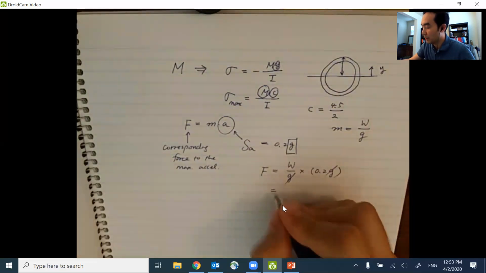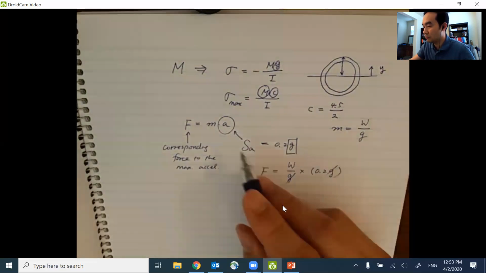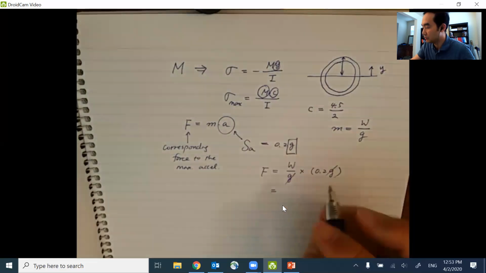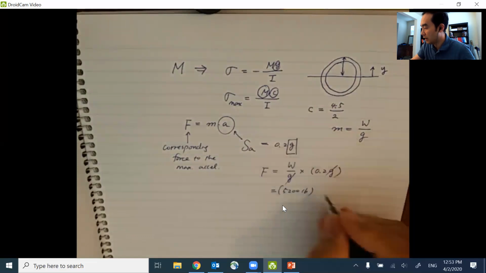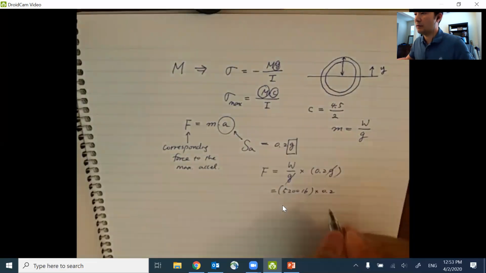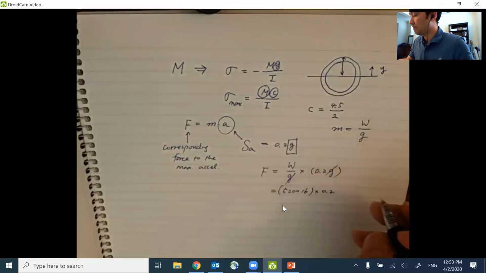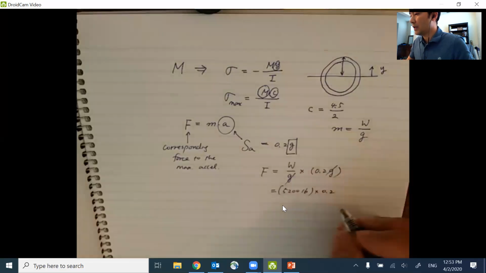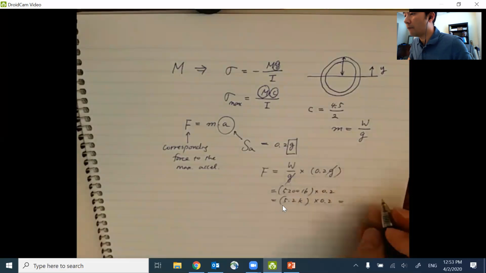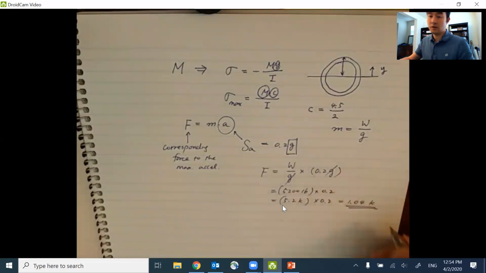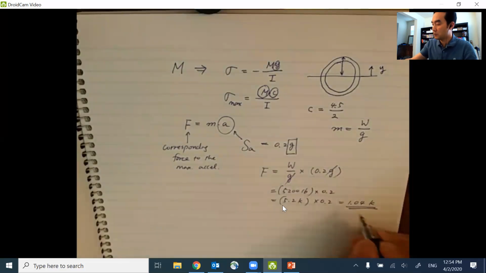So the corresponding maximum force due to the spectral acceleration is equal to 5,200 pounds, which is the weight, times 0.2 that is coming from the spectral acceleration. In terms of kips, it is going to be 5.2 kips times 0.2. Then I have 1.04 kips. So this is the corresponding force.